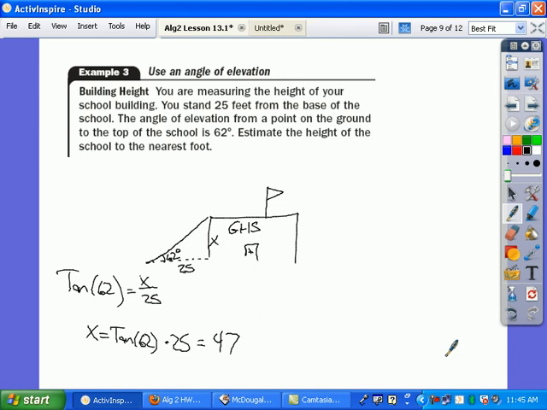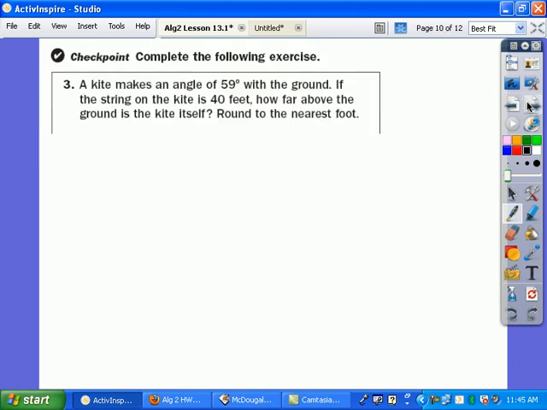So we have a kite. It makes an angle of 59 degrees with the ground. I don't know how you would know that, but okay. All right, and its string is 40 feet. Now that's easy to know. So we have our kite. It's blowing in the wind. It's pretty. Let's make it colorful. It's been a long time since I've flown a kite.